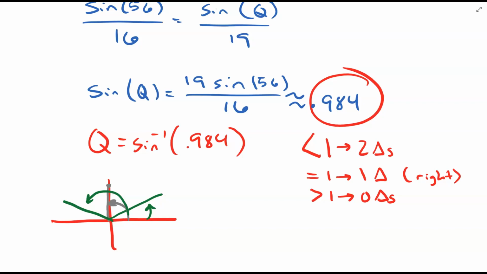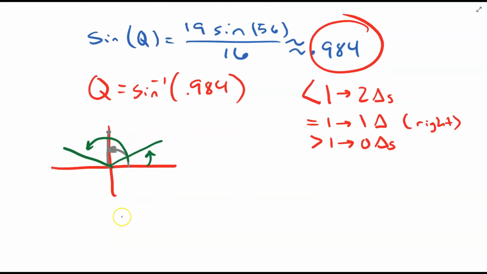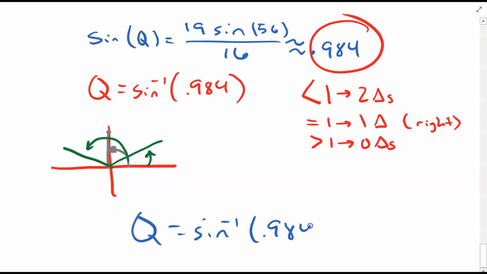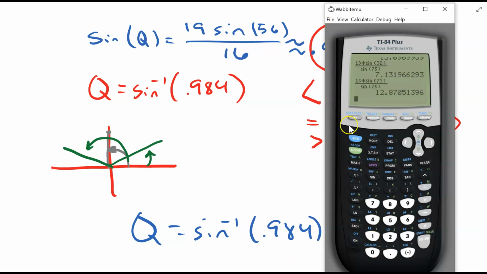Okay. So let's go ahead and finish solving this now that we had this little aside. So if I go now and I calculate sine Q, I'm going to do a little bit of overkill here to get the 0.984.